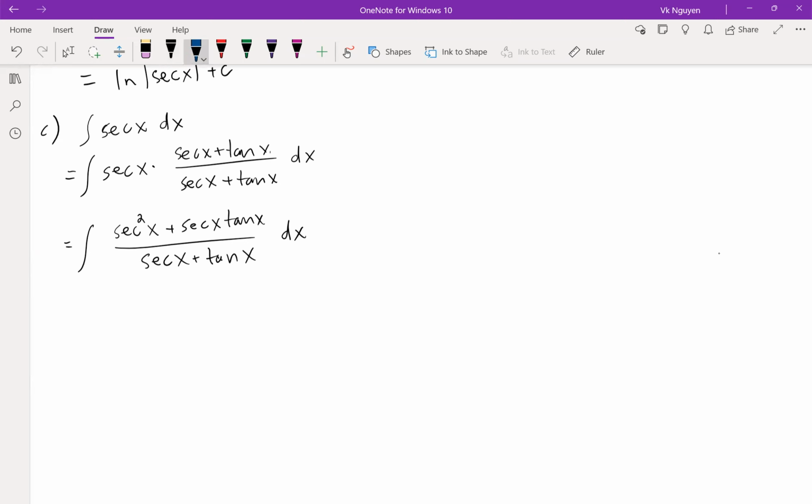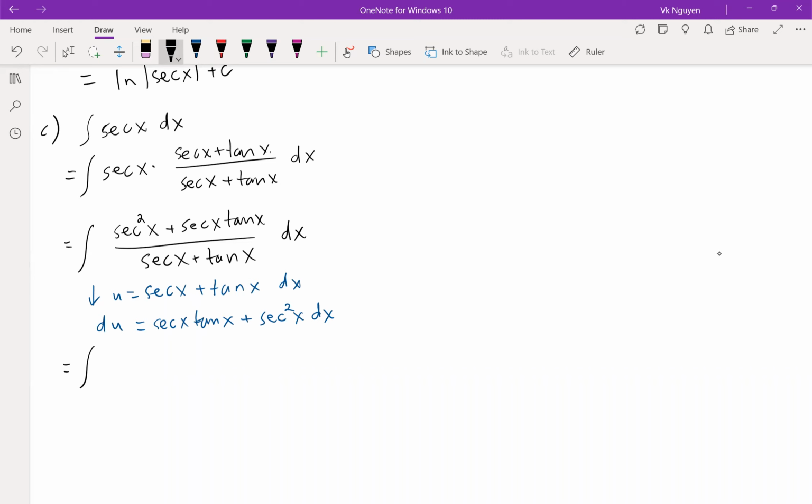Now, do you see something here? Let u equal secant x plus tangent x, and du would be secant x tangent x plus secant square x dx. Ta-da!